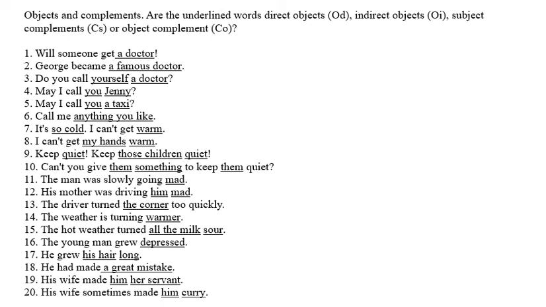Okay. He had made a great mistake. Make, typical verb, takes typical object. So a great mistake is a direct object. But then we have two other examples which are a little more interesting with made. His wife made him her servant. Now this does not mean his wife made her servant for him.